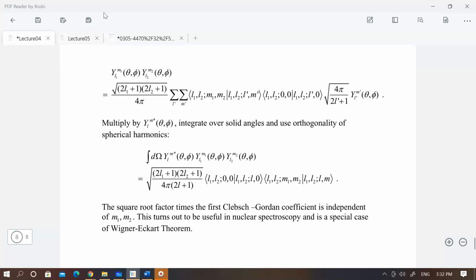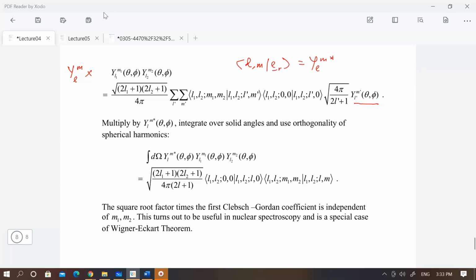So what one does in this particular case is, since we have one spherical harmonics over here, one multiplies with another spherical harmonics, in this case Y_LM, to the whole equation. What I really want is Y_LM star.